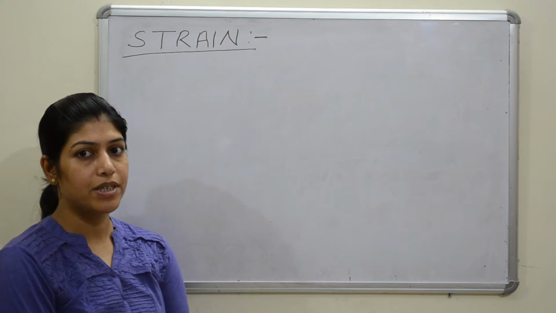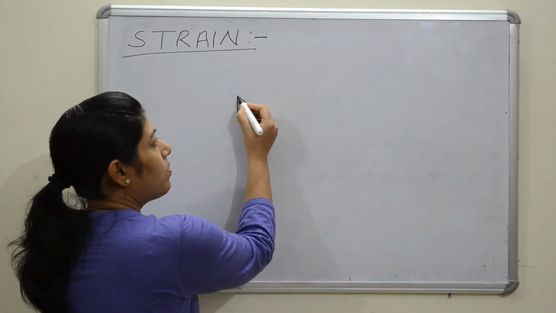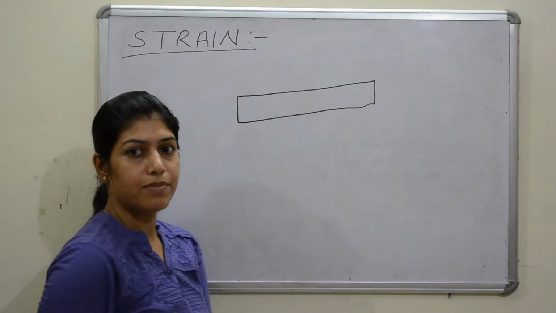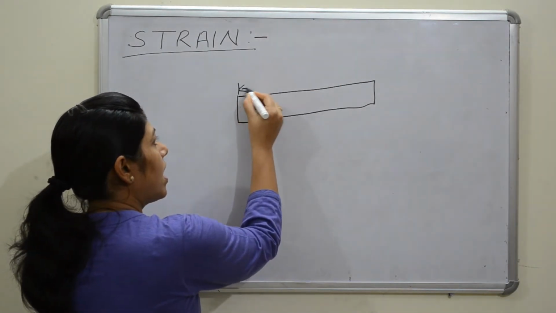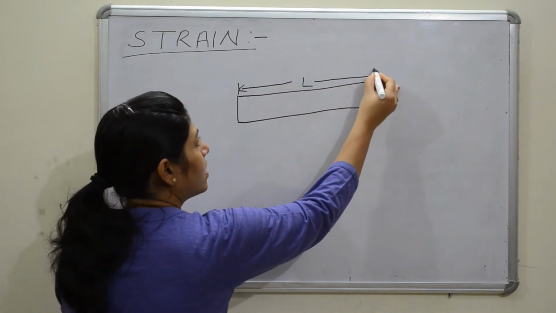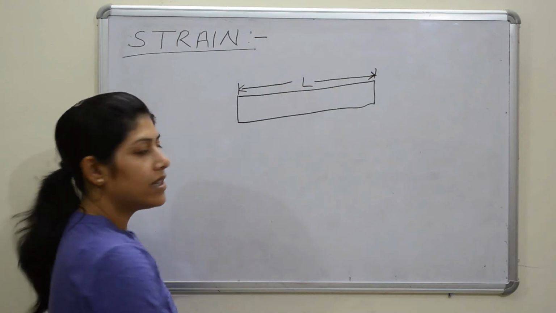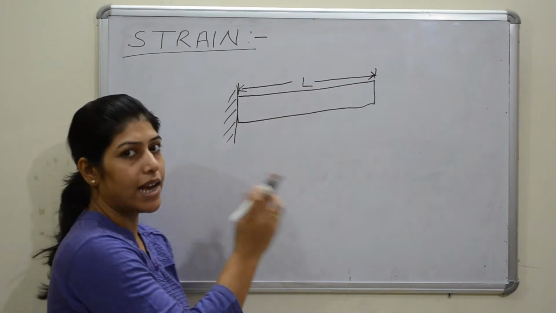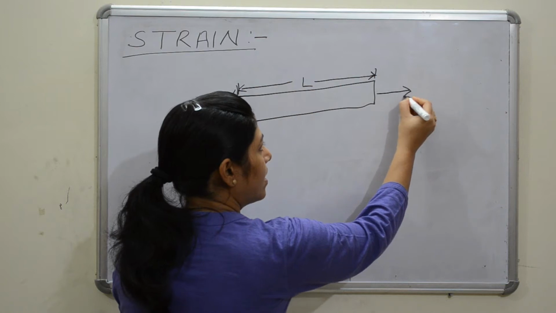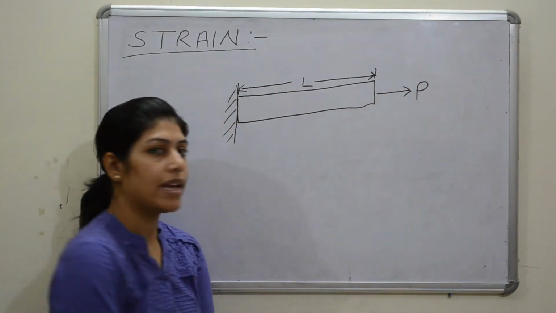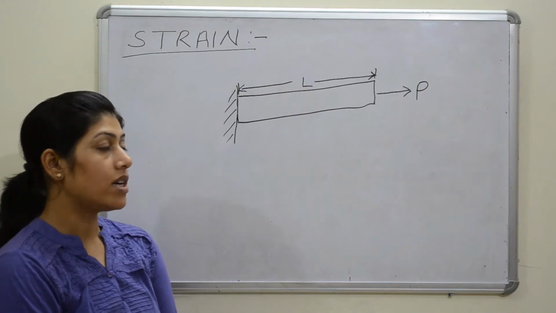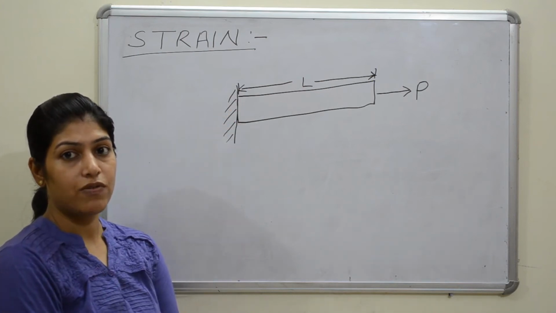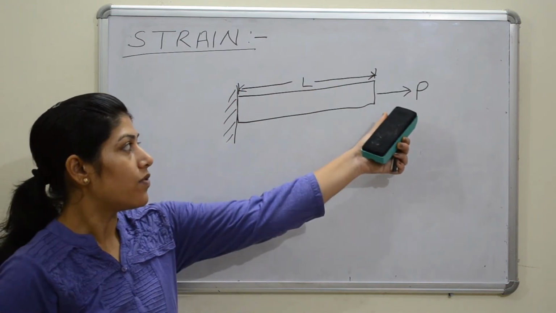So again I'll consider a prismatic bar of uniform cross section, having a length L. I'll consider this prismatic bar is fixed at one end, and at another end I'll apply an axial force or a tensile force P.